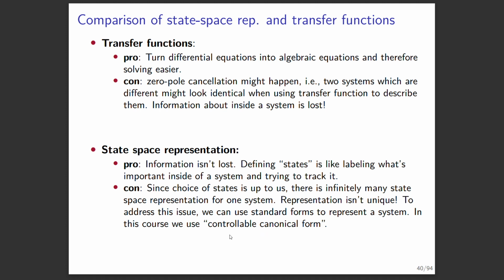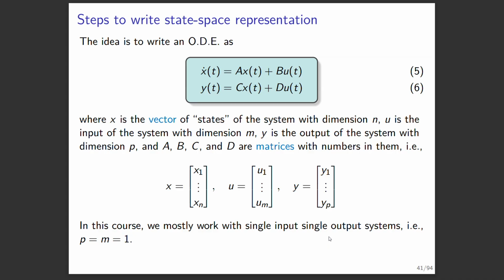Here we are going to study controllable canonical form, which is a special format of state space representation. The general idea is to write our ordinary differential equation as this. So you have a differential equation and you want to write it down as equation 5 and equation 6. These are matrices and vectors.